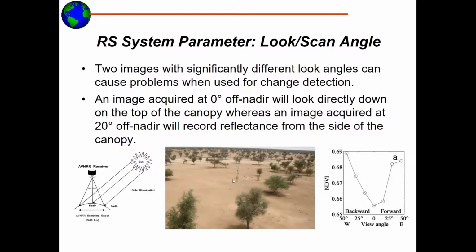At this tower here, we have a sensor that is measuring NDVI in different angles. And we can see then that with different viewing angles, we get different amounts of NDVI depending on the angle of the sensor, simply.